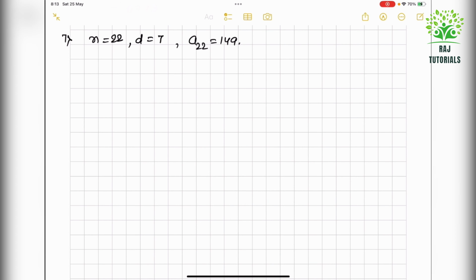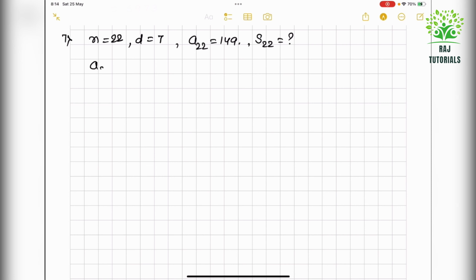Now I am given, find the sum of first 22 terms of an AP in which d is 7 and the 22nd term is given to me as 149. So common difference will be 7, a22 is 149, and the sum I have to find, so I can say S22 equal to question mark.